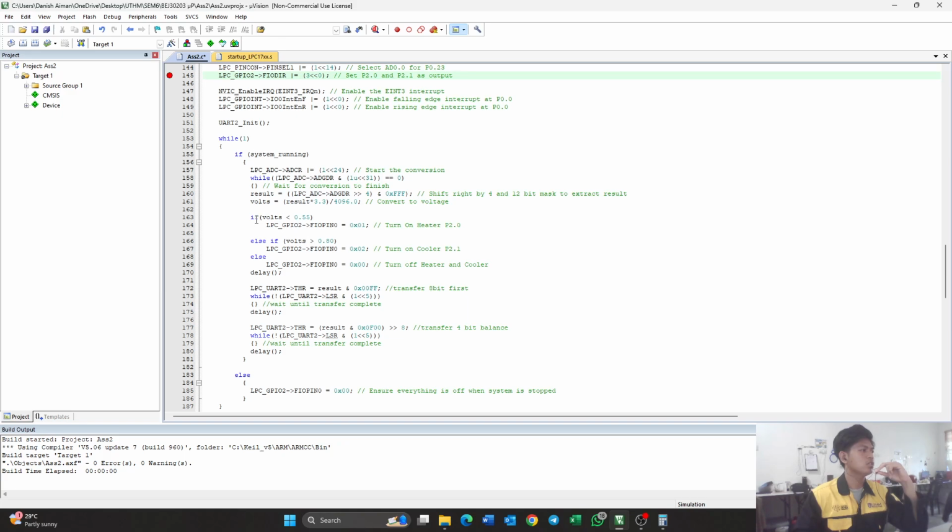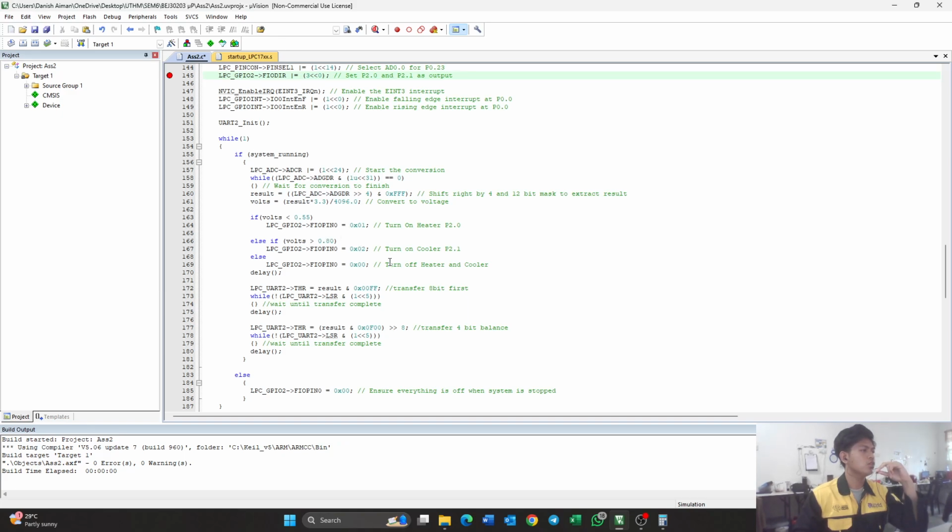So here, the heater will turn on if the water temperature is below 55 degrees Celsius. In this code, I set 0.55 to represent 55 degrees Celsius.